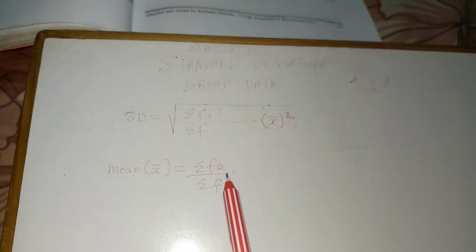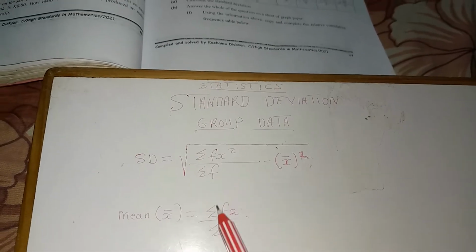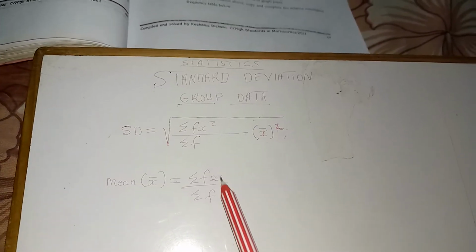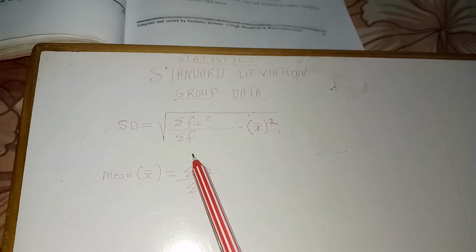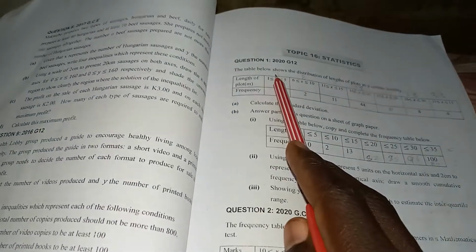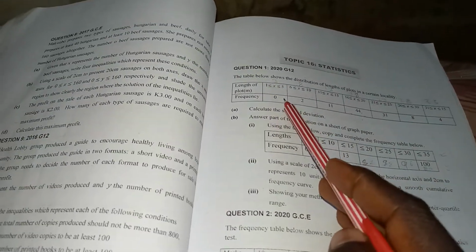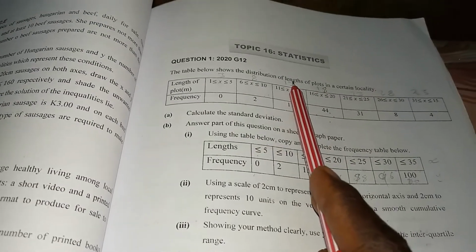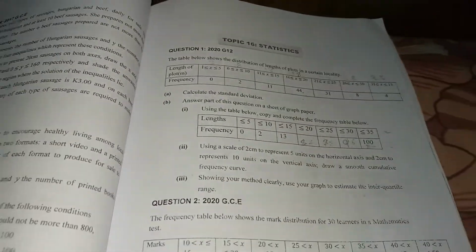So according to the formula, you multiply frequency with the midpoint, then you find the sum. So we'll be doing 3 times 0 plus 8 times 2 plus 13 times 11, just like that.